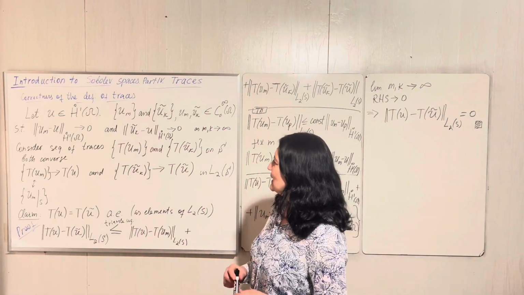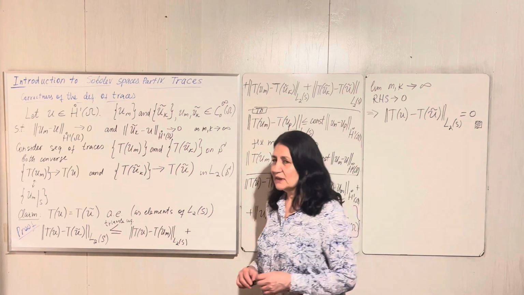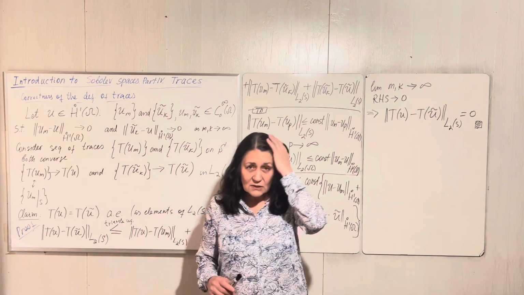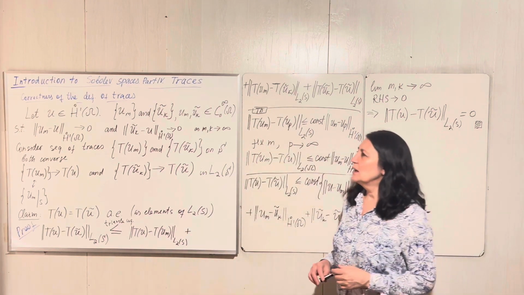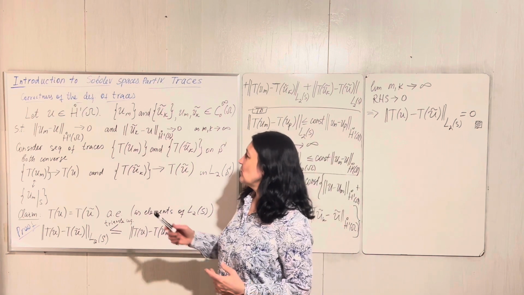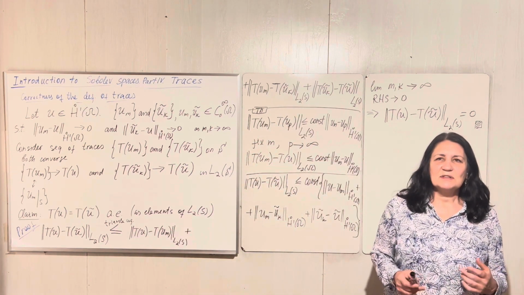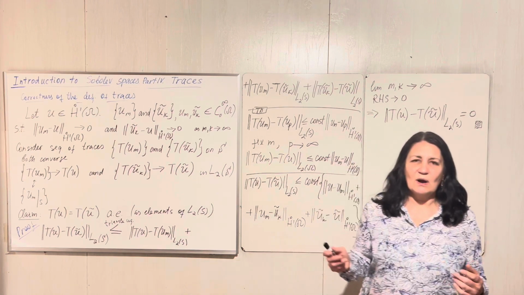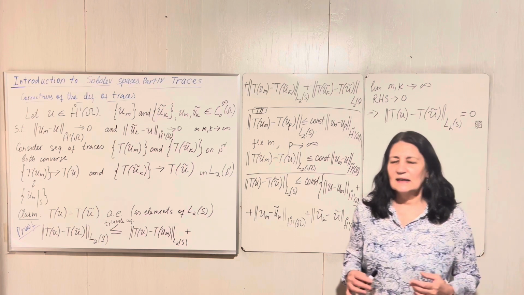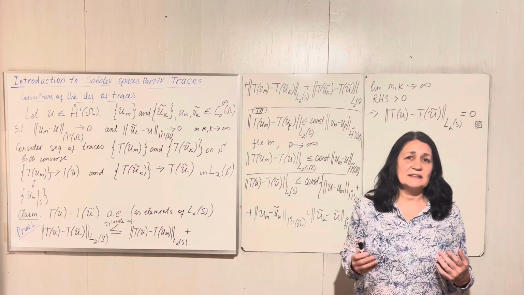Okay, so let's make another comment about the correctness of our definition of traces. So we define traces using sequences of functions from C0 infinity. And what if we take two different sequences that converge to our function in H10, but they have different traces?